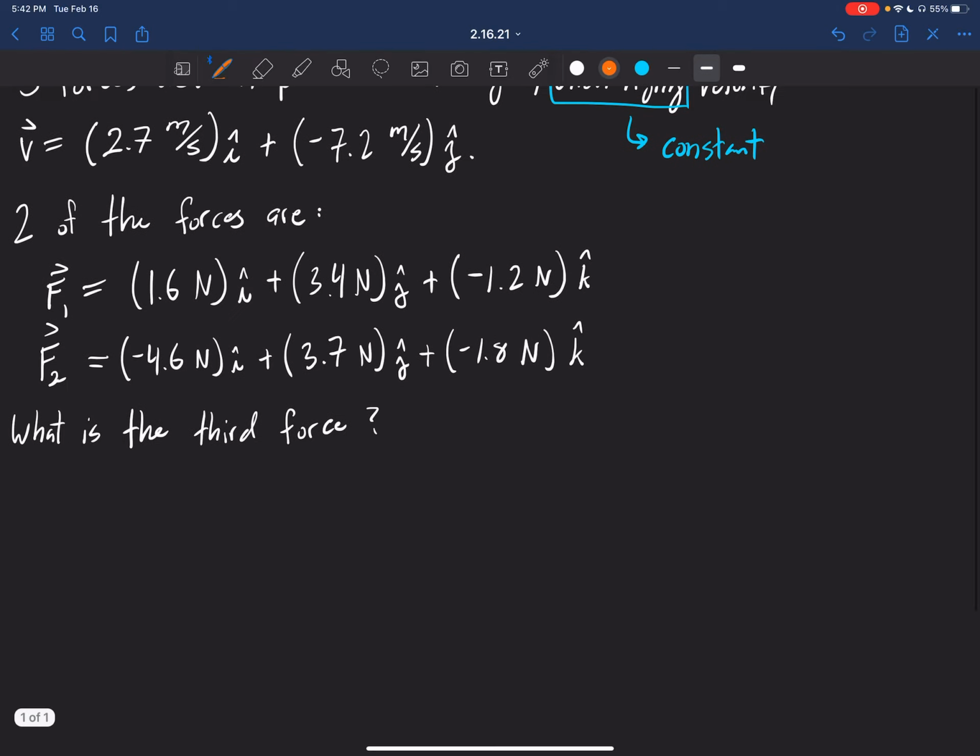So let me write that down. Okay. So when the velocity is constant, there is zero acceleration.